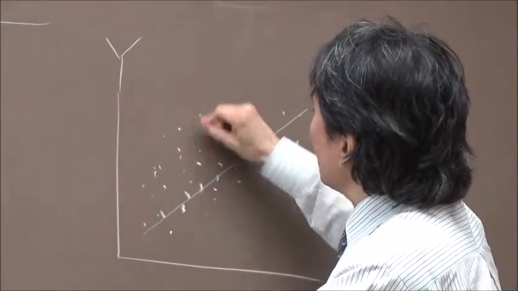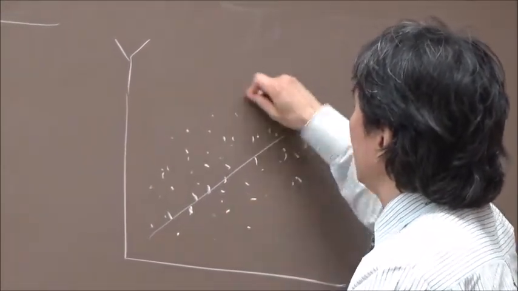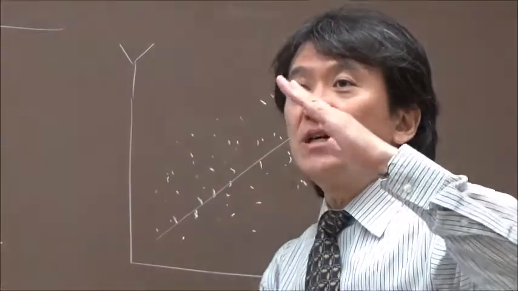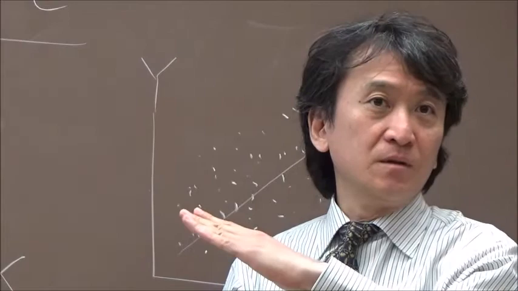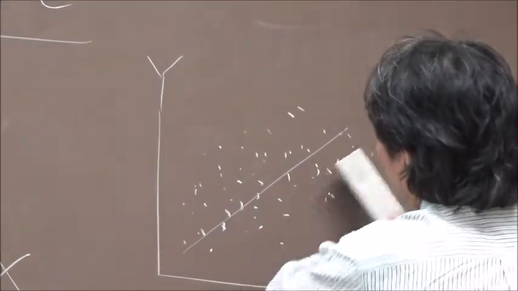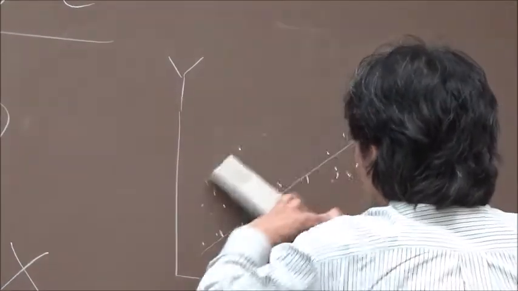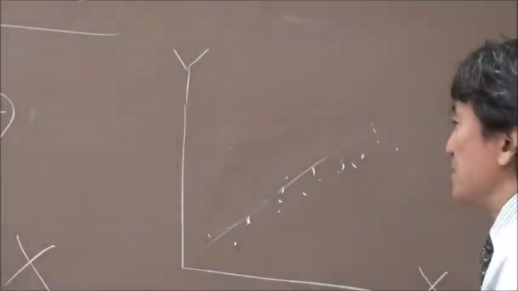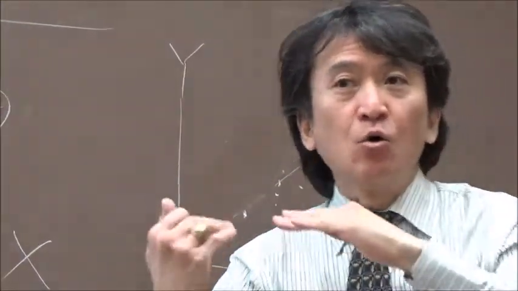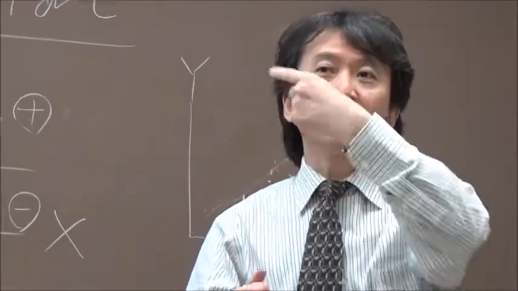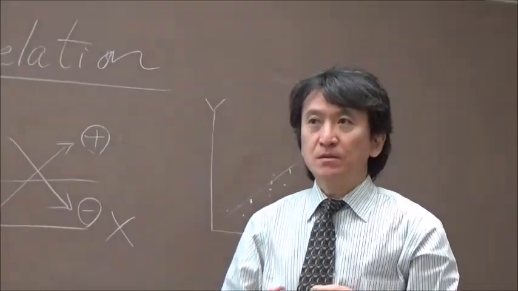If points were scattered too much, like that, then the correlation is lower. Does it make sense? Even though it's positive. But if data points are clustered like this, correlation is higher, like 0.8, 0.7, 0.9. Does it make sense?